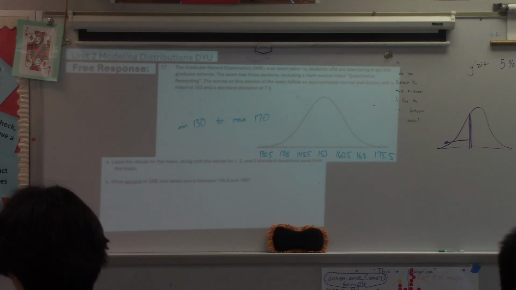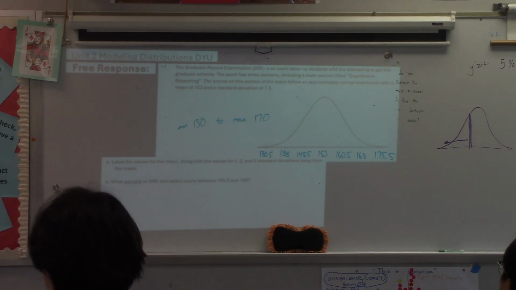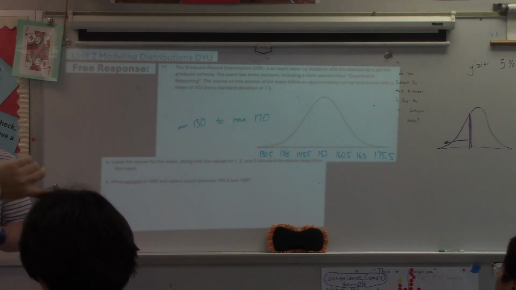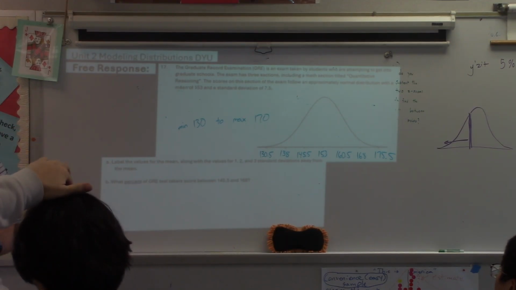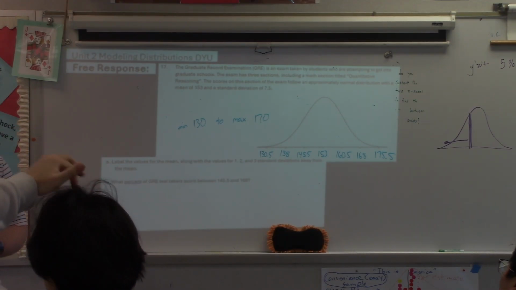I need you to hear me clearly on this. If the distribution cannot satisfy the empirical rule, if it doesn't have 3 standard deviations either way, what is that distribution not? It's not normal. And that's important to understand. Can I still do z-scores if it's not normal? You can, because what is a z-score?